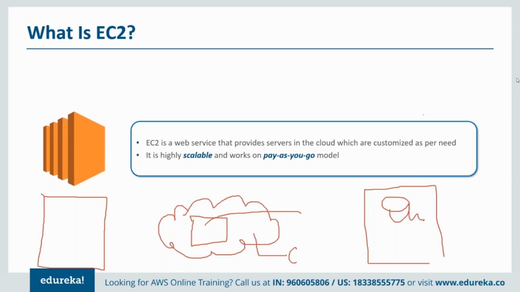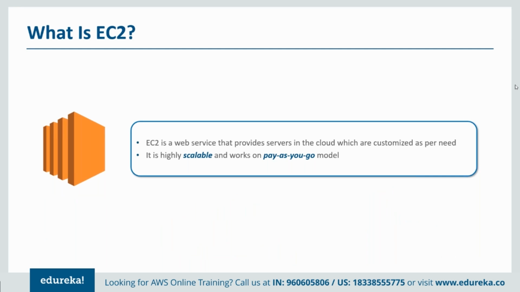The main advantage we get on top of cloud services is that it is highly scalable, plus it works on a pay as you go model. Here we don't have to pay any upfront cost, because in on-premise servers we have to pay for setting up the servers, an upfront amount for the infrastructure of the servers that we'll be buying.